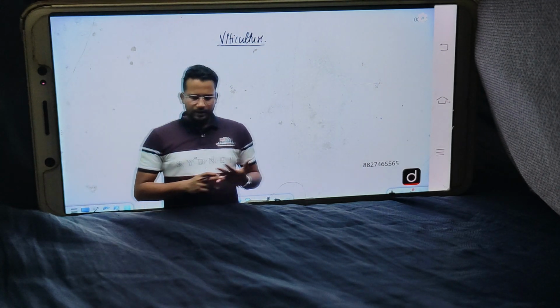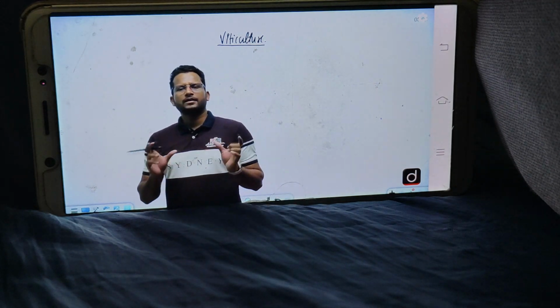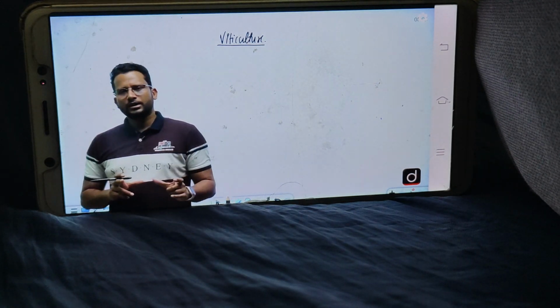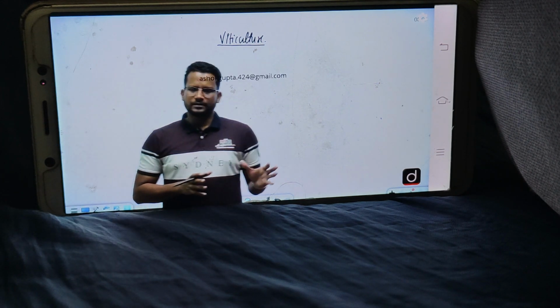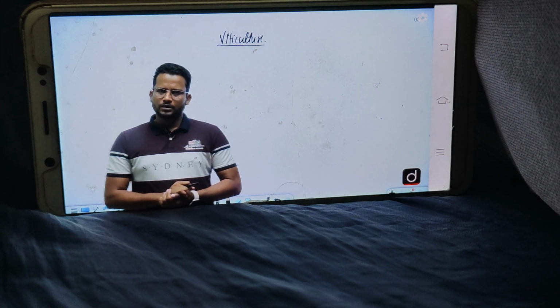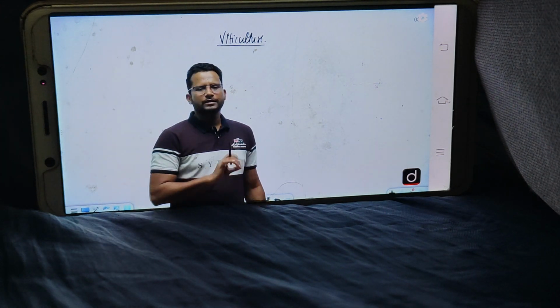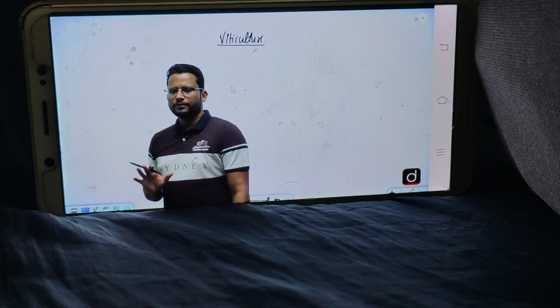So planting, growing, pruning, training, harvesting, processing, all these things are included in the activity of viticulture. Okay. So viticulture includes every step, everything which is related to cultivation of grapes.